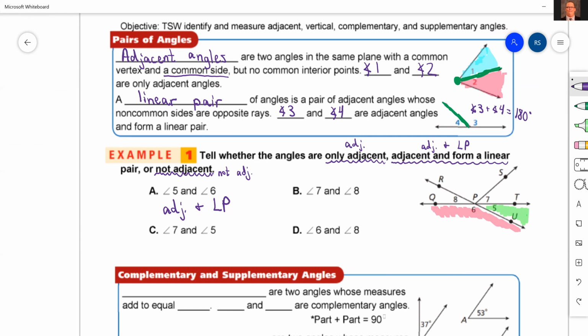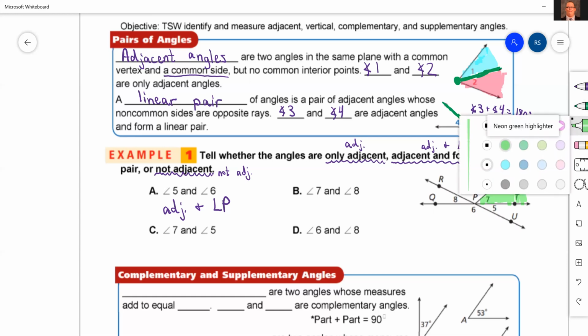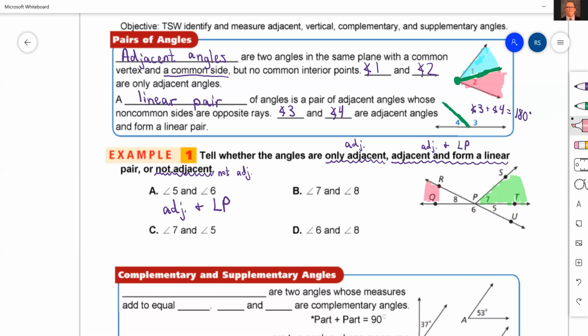Now let's look at B. They ask us about 7 and 8. So let me erase this and grab our new angles, 7 and 8. Do they share anything?